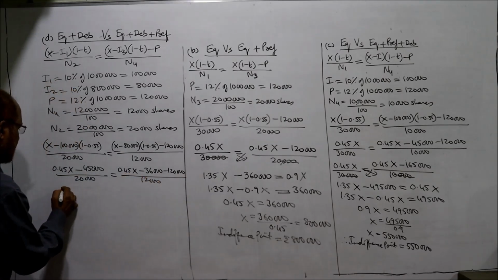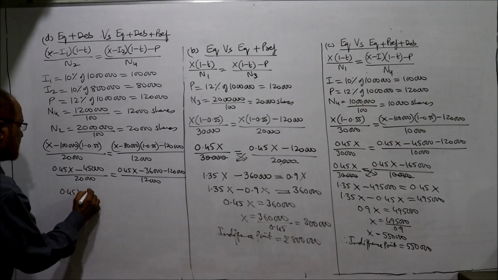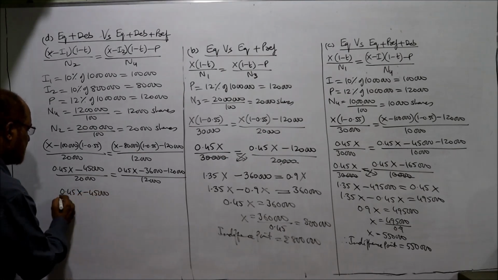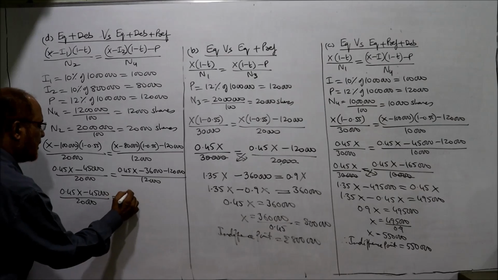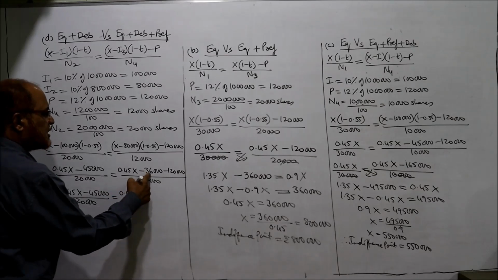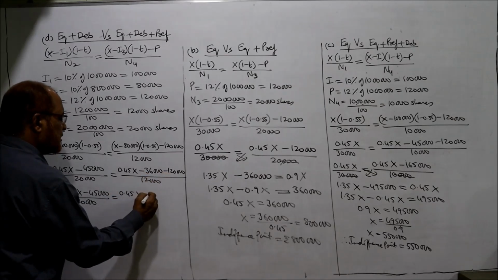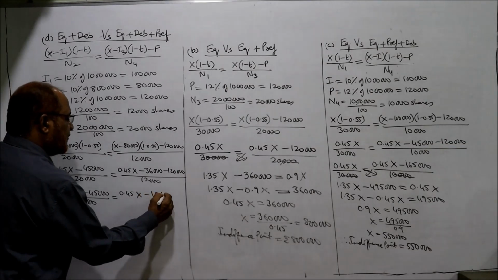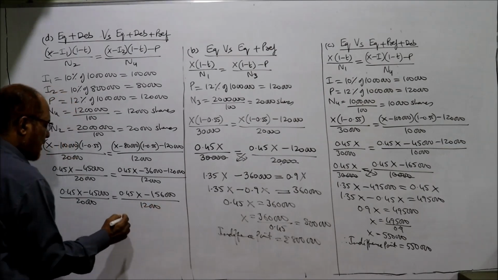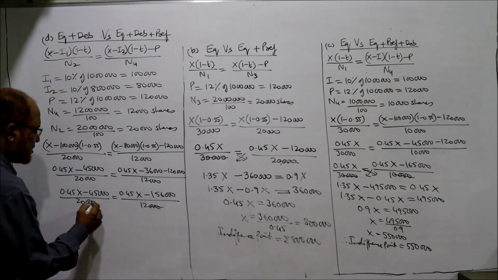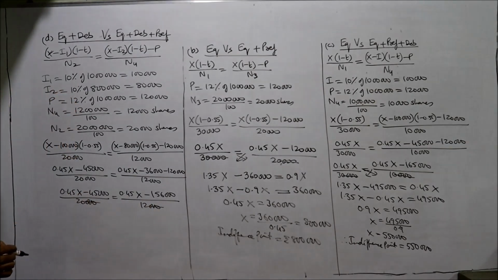Now we can write again 0.45x minus 45,000 divided by 20,000 is equal to 0.45x minus 36,000 minus 1,20,000, which is 1,56,000, divided by 12,000. Now what we can do is 3 zeros will get cancelled.